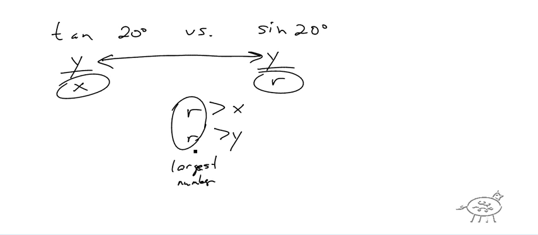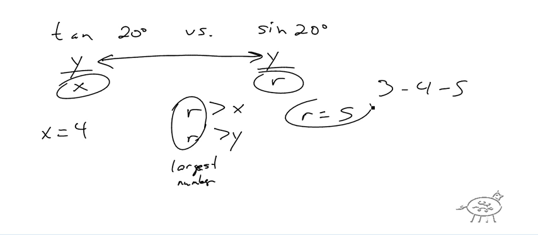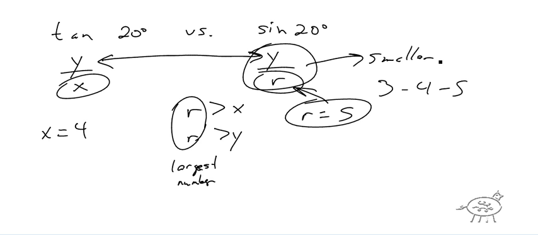Okay? So if r is the largest number, let me come up with a random number here. Let's say it's a 3, 4, 5 triangle, and r was 5, so r is equal to 5. And x was equal to, let's say, 4. Well, don't you agree that since that's the bigger number on the bottom, that whole ratio is going to be smaller? It's always going to be smaller, because r is always a bigger number.